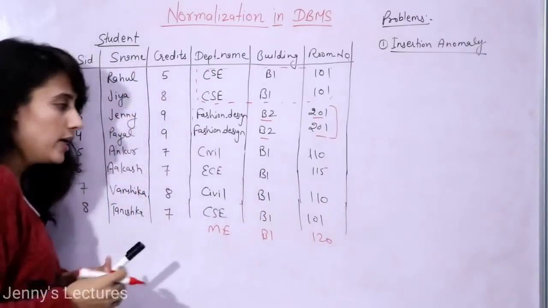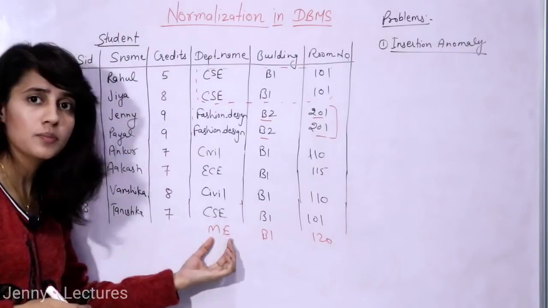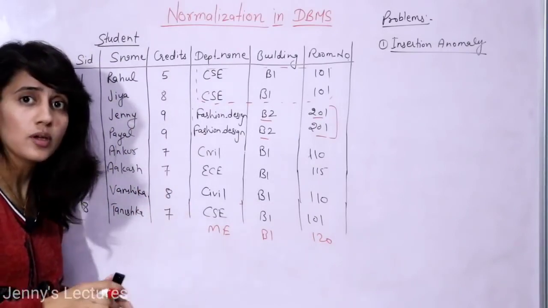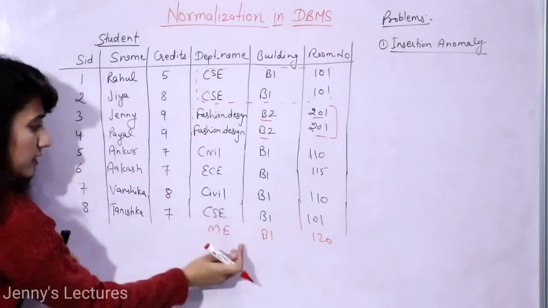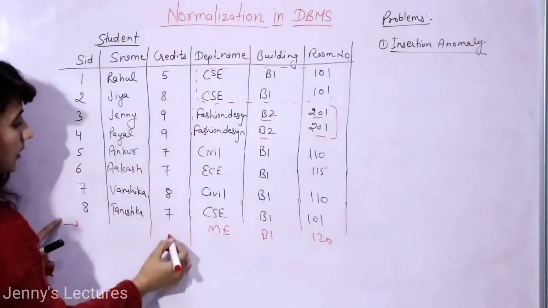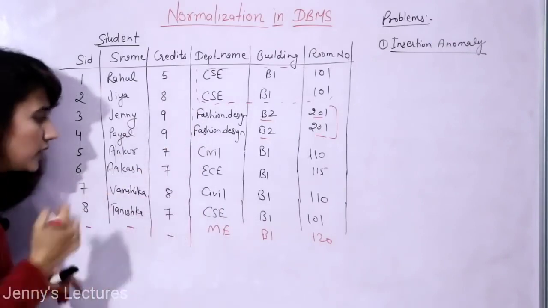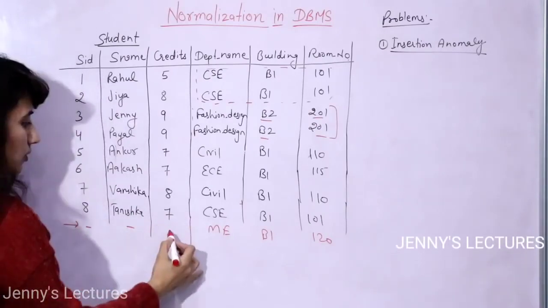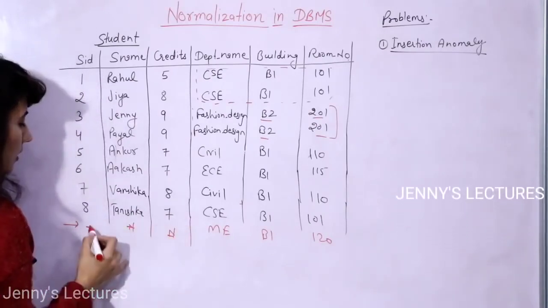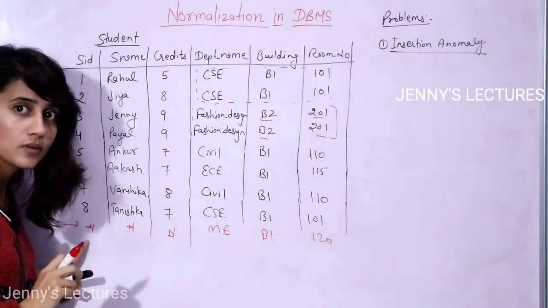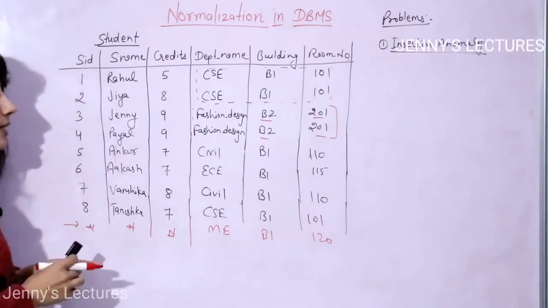I only want to insert the department information, but in this table you cannot insert this information. Why so? Because in this tuple you need to insert credits, student name and student ID. If you insert null, null, null, but SID is the primary key, that cannot be null, right?